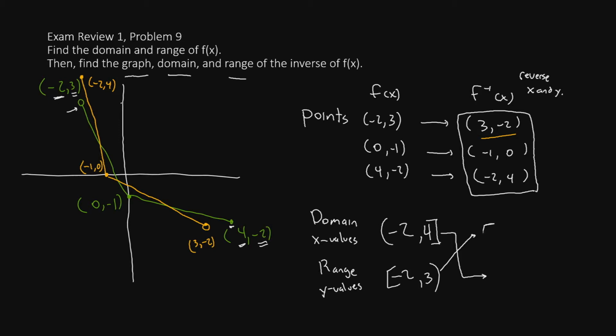Therefore, the domain of the inverse function is [-2, 3), with a square bracket on the -2, parentheses on the 3, and then the domain of the original function becomes the range of the new function. Effectively, all we are doing is swapping the domain and range to get the new domain and range of the inverse. And there you have how to get the graph, domain, and range given the graph of a function.